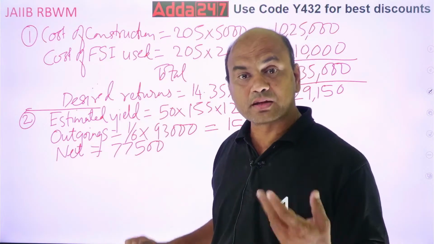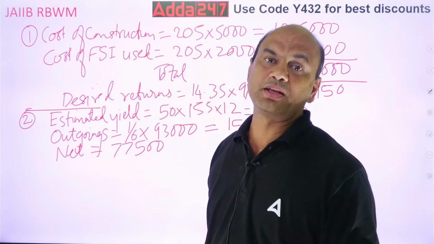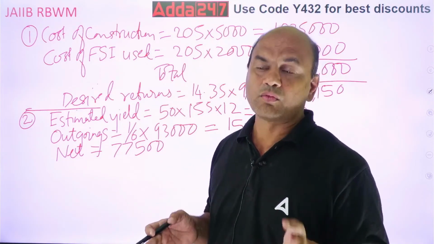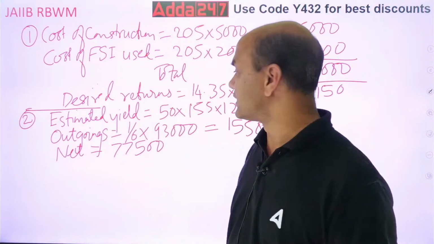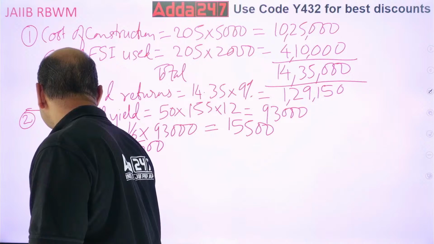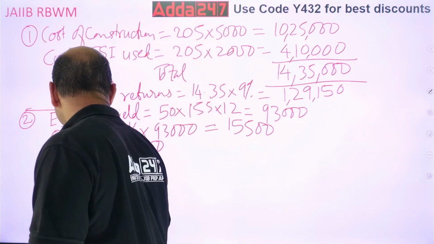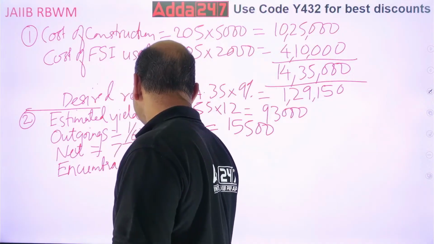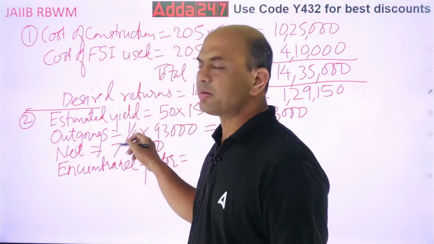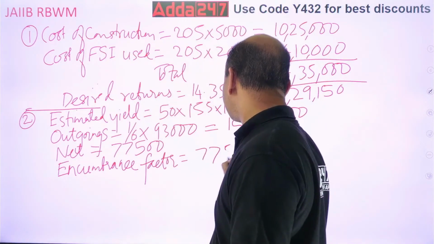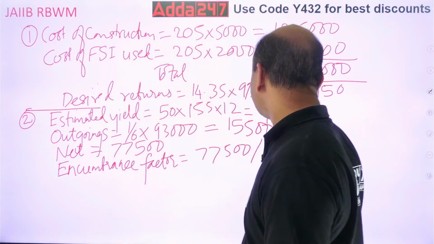Now what is my encumbrance factor? Encumbrance factor means whatever I am getting gross, whatever I am getting net, what is the percentage? So encumbrance factor equals my net upon gross. So net upon gross is 77,500 divided by 93,000.